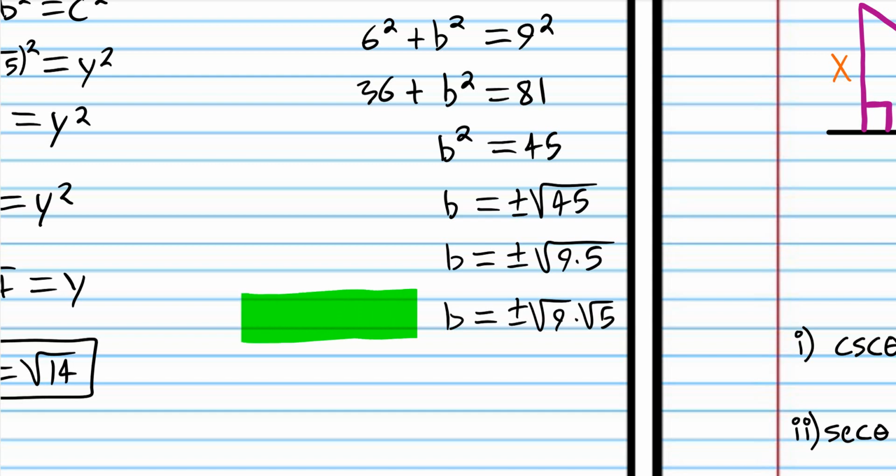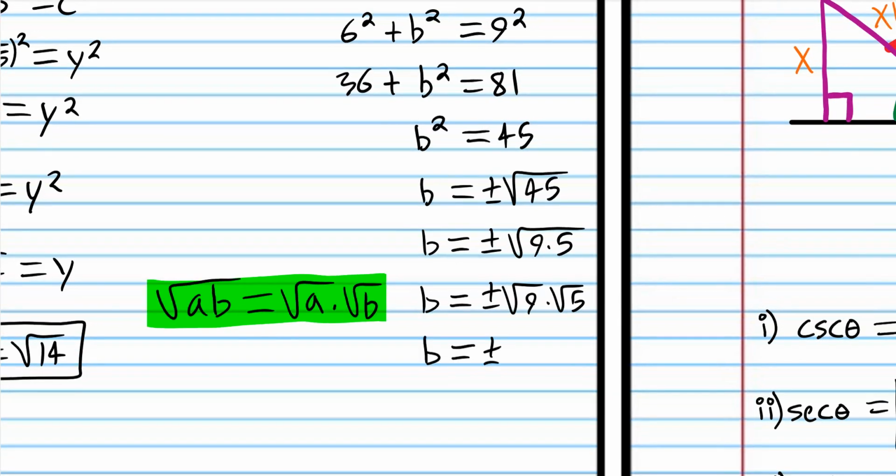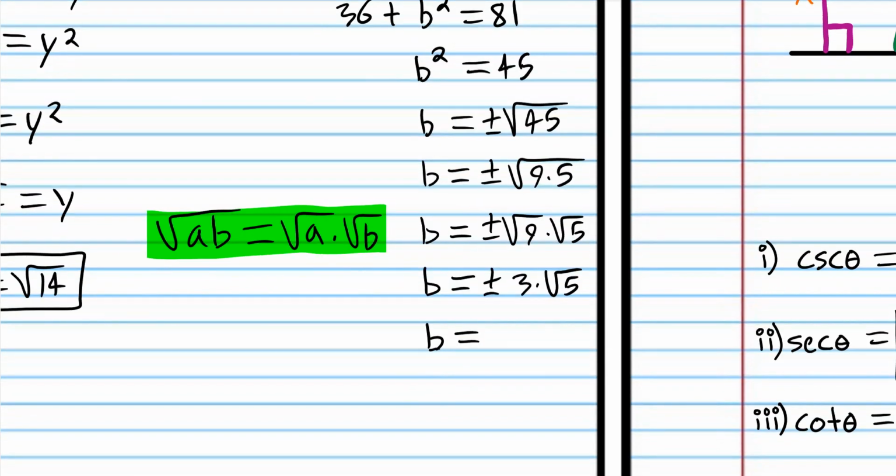And that is this principle, the square root of a times b is equal to the square root of a times the square root of b. So the square root of 9 is 3, and we can get rid of the dot.